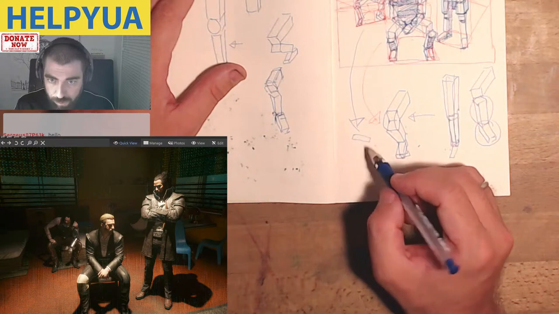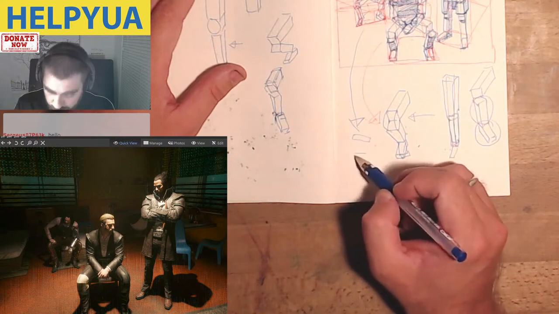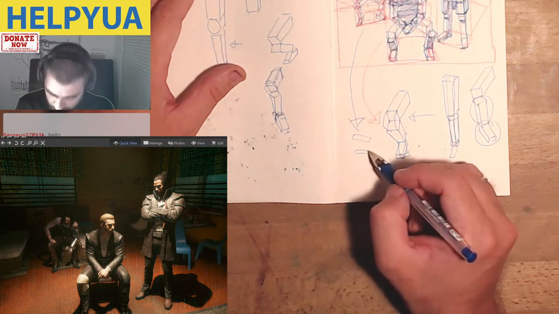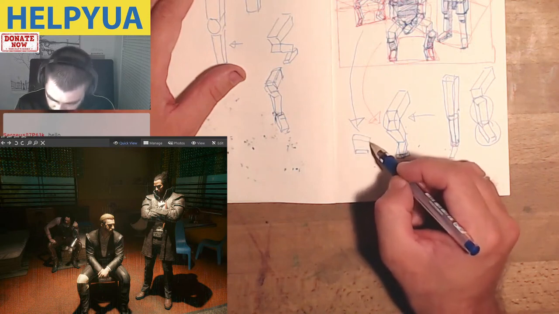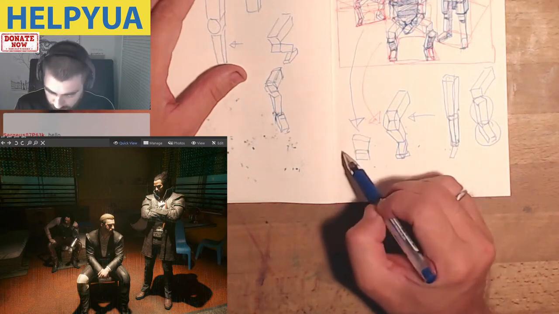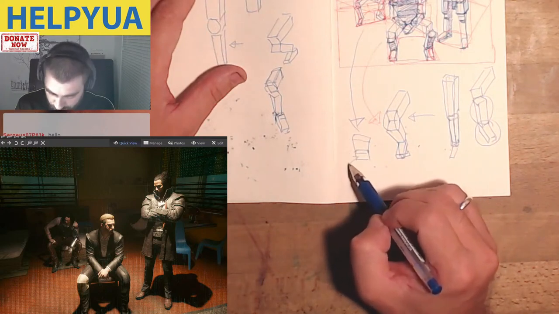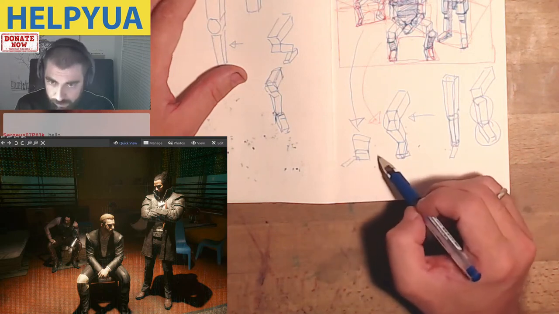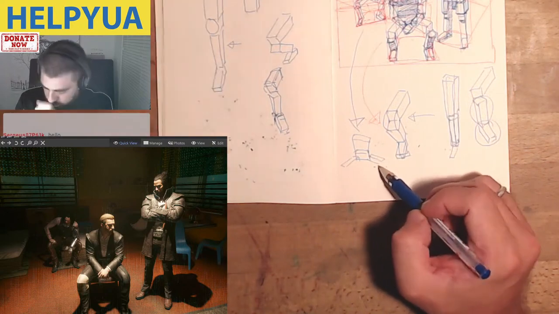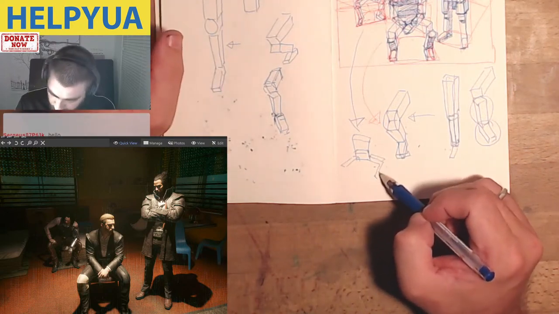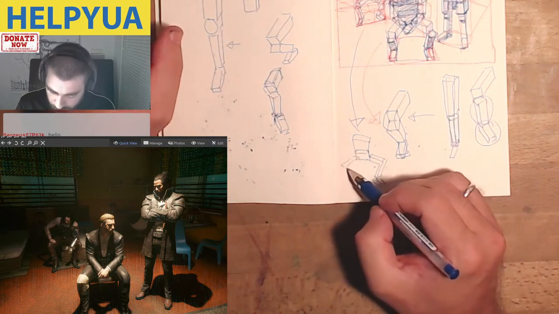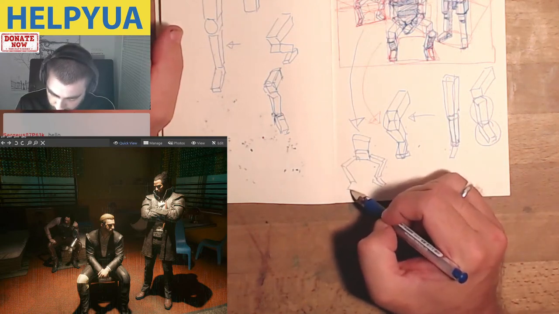Again, his torso. So like this. And his leg like this.